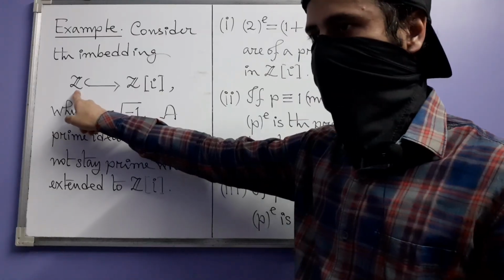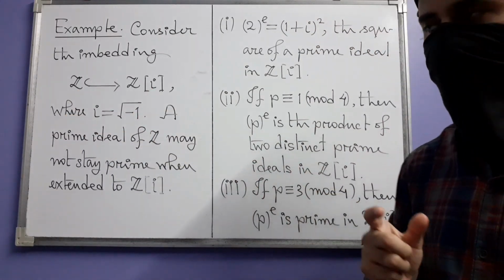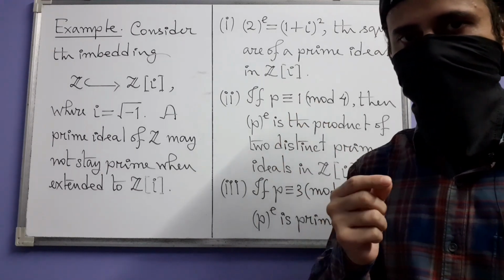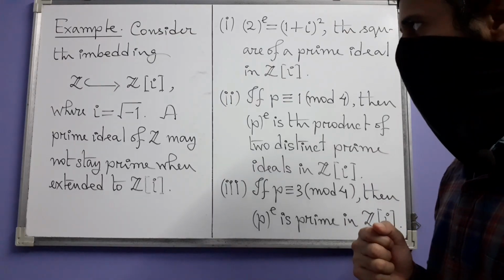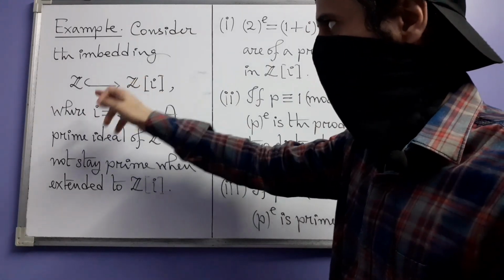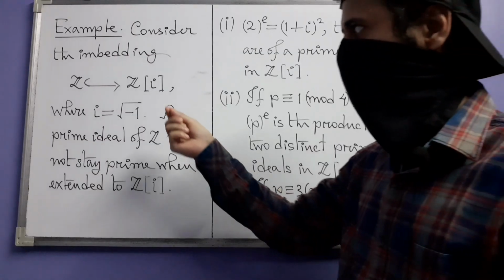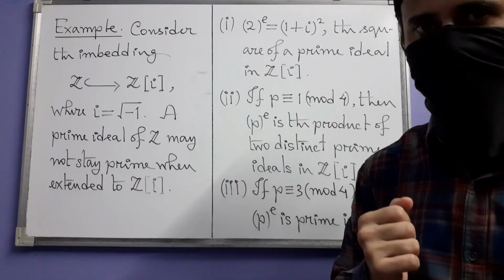This is our usual ring of integers, and this is the ring of Gaussian integers, which consists of all the complex numbers a plus ib, where a and b are both integers. And the embedding is just your usual inclusion map. It takes any integer and gives you that integer back as output.